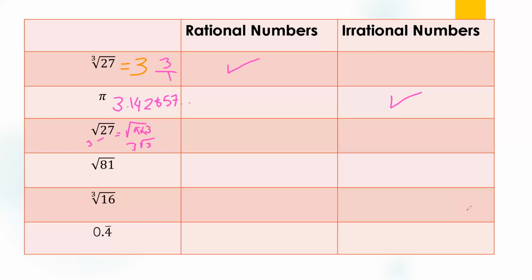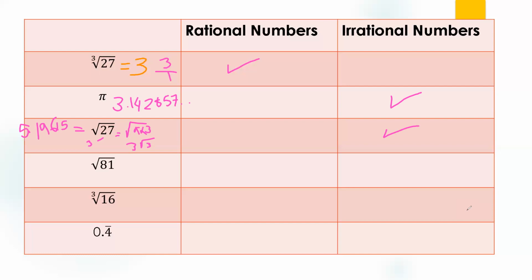Multiplied by 3, it's going to be a non-terminating and non-repeating number. So the square root of 27 is 5.19615. So it's not terminating, it's not repeated, so it's going to be an irrational number.